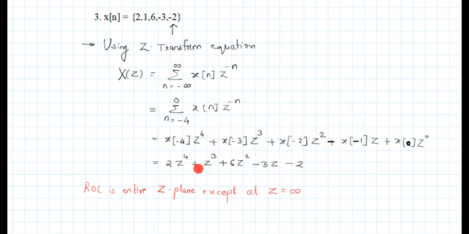And hence we write the ROC as: entire Z plane except at Z is equal to infinity. We should not take this particular value of Z, because if we consider it, the Z transform becomes infinite. Such a Z transform is not accepted, as it becomes infinite at that particular value of Z, and hence it should be avoided. Therefore we write ROC is entire Z plane except at Z is equal to infinity.